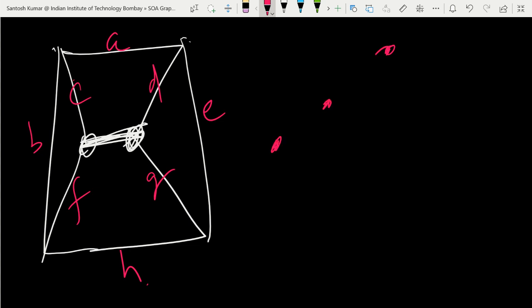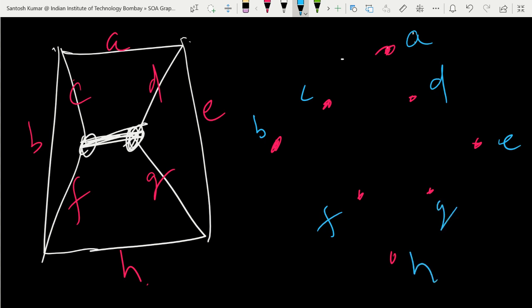A, B, C, D, E, F, G, H. We are making the edges. Oh yes, the middle edge was missed, sorry. So I left this one. So let me make it here. What name should we give it? No problem, let's call it I. So I added I at the end. You can rename, no problem.